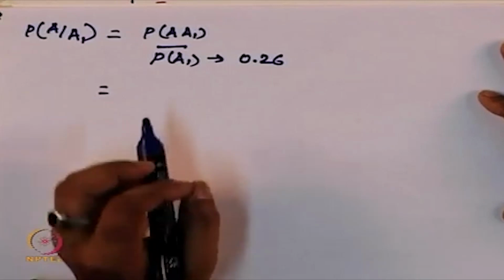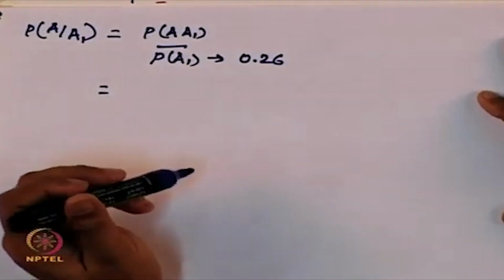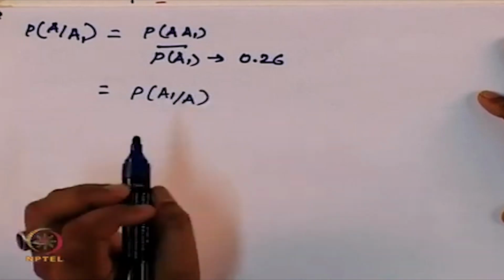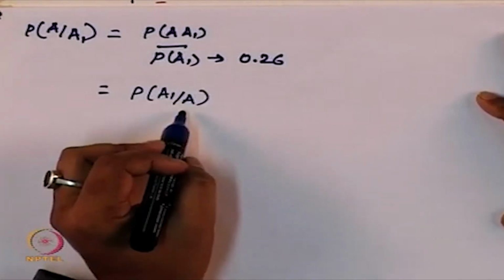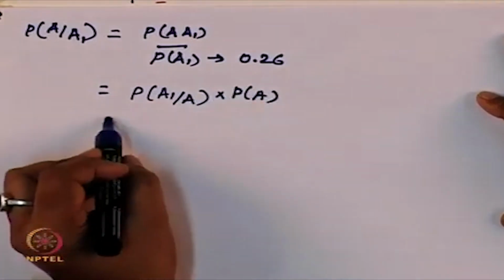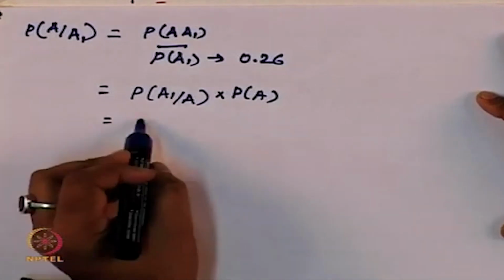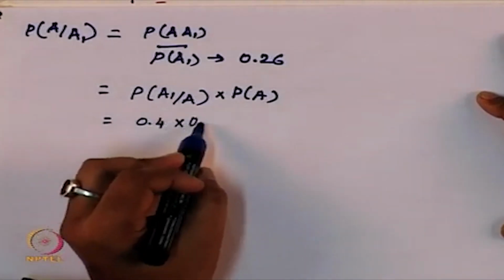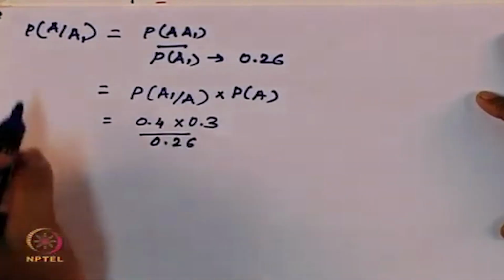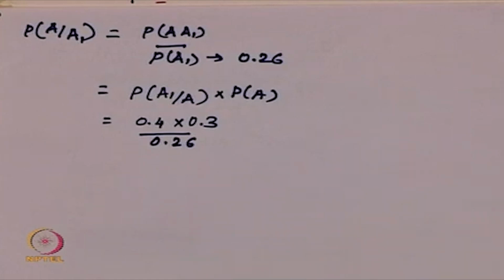What do I do with the numerator? I can rewrite it as the probability of A1 given A into the probability of A. So, this is 0.4 into 0.3 by 0.26, which is your final answer.